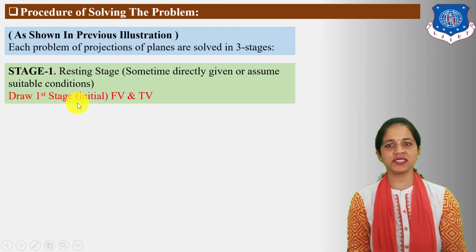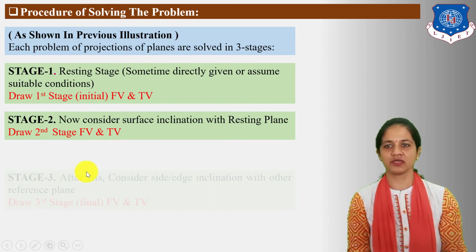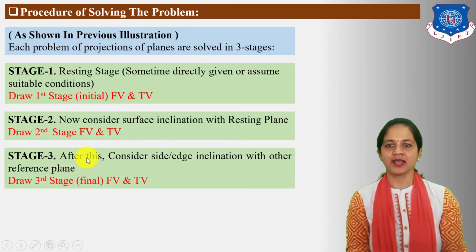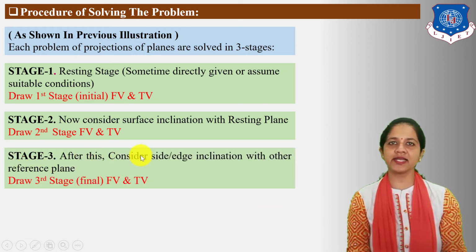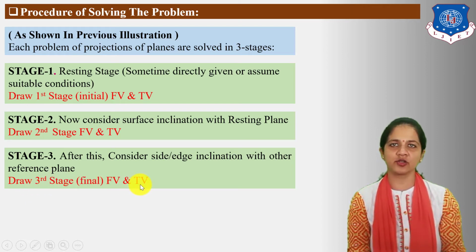Draw the first stage front view and top view. Stage 2. Now consider surface inclination with the resting plane and draw the second stage front view and top view. Stage 3. After this, consider side or edge inclination with other reference planes and draw the third stage, meaning the final stage, front view and top view.